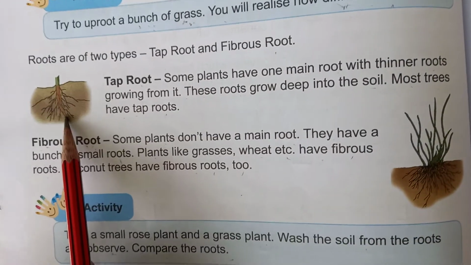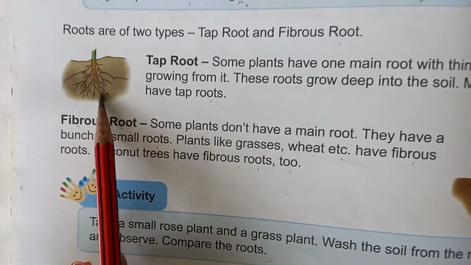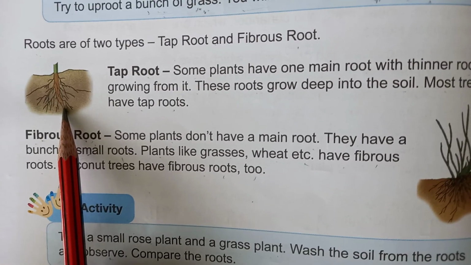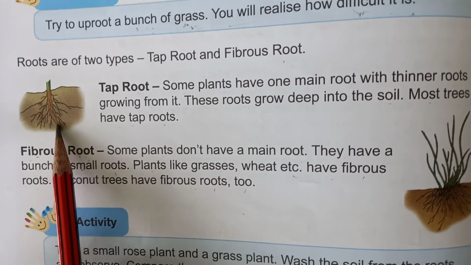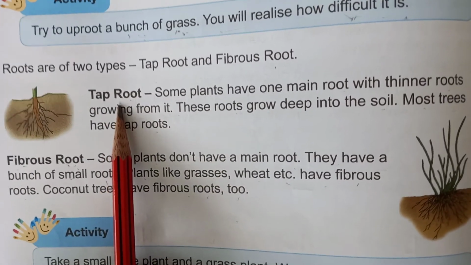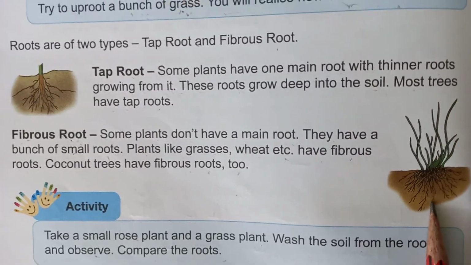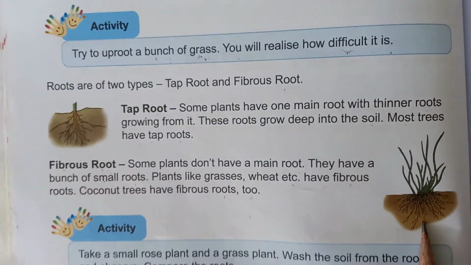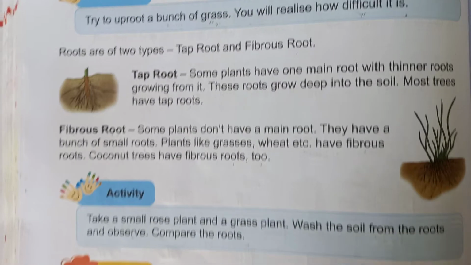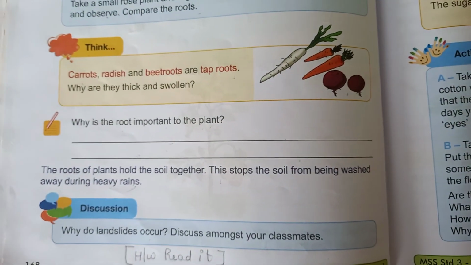But if you take a plant of a periwinkle or a rose plant, now in the rainy season you see periwinkle anywhere, just pick up that small plant and you will see one single root, that is taproot. The grass and wheat have fibrous root. So understood now? In my next class I will draw this and we will complete the question answers plus word meanings.